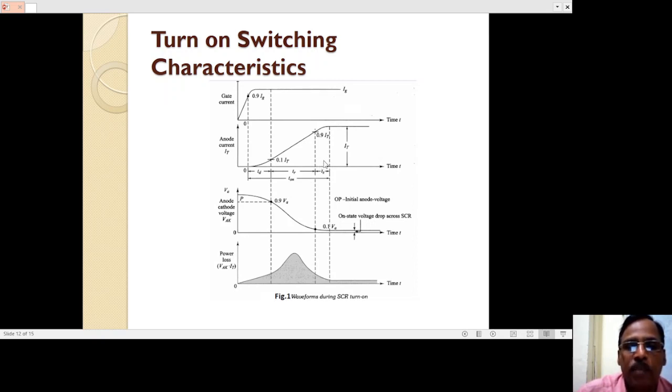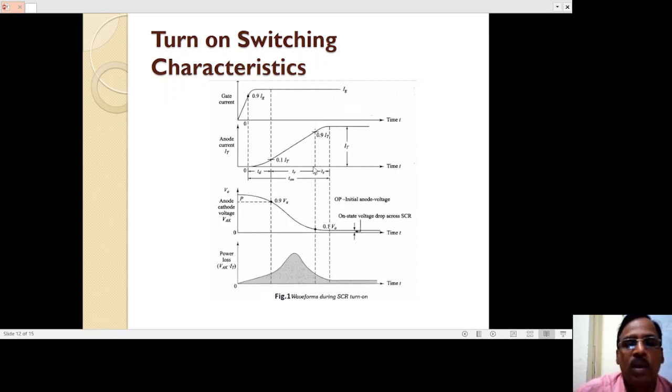Spread time is the time between 0.9 means 90% of anode current and 100% of anode current. So the time taken by your anode current to reach from 90% to 100% is called spread time.